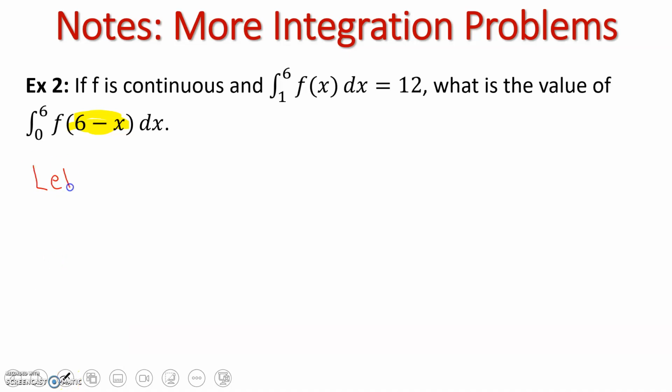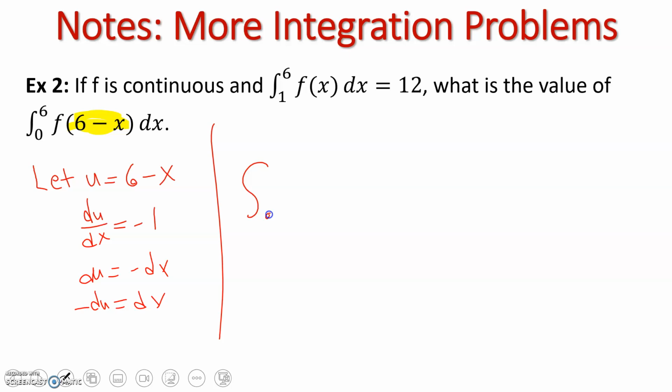So I'm going to let that be my u. I take the derivative, and I get the derivative of 6 is 0, and the derivative of negative x is negative 1. So I get that du is negative dx, or negative du is dx.